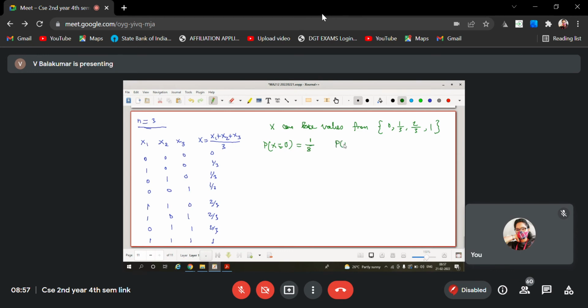What is the probability for X equal to 1 upon 3? Out of the 8 possible cases, 1 upon 3 happens 3 times. Probability for X equal to 2 by 3 is again 3 upon 8. Probability for 3 by 3, it is actually 1 upon 8, only once it is happening.